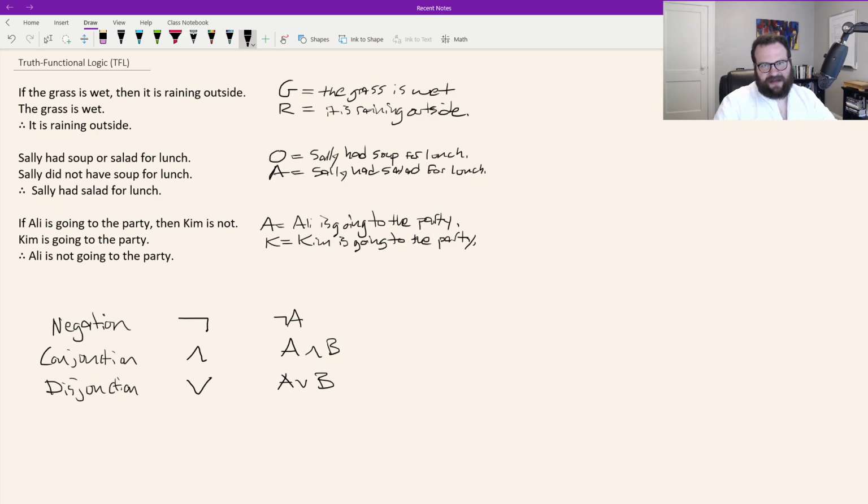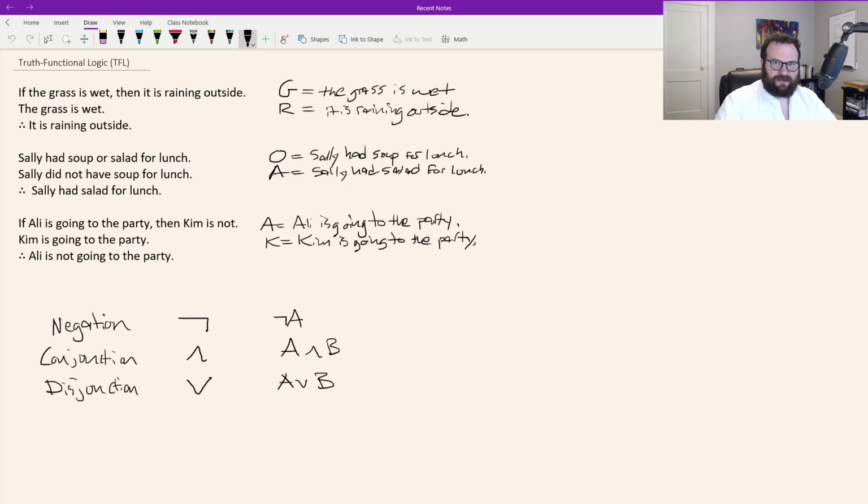Now, there's something we have to address with disjunction. In natural language, it's often assumed that or means one or the other, right? A is true or B is true, but not both. Within TFL, we use what is called inclusive or. Inclusive or says that if either side is true, then the whole expression is true.